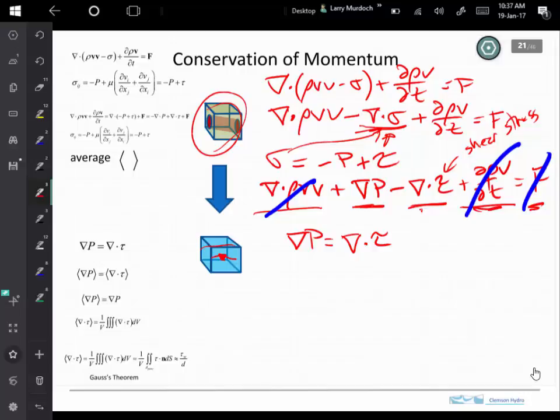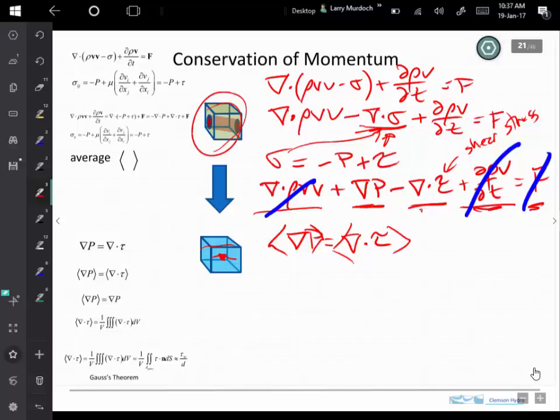So the way to do that is to say that this works, but we're going to average over the region. These pointy brackets are used to indicate that we're going to take the average. All right?